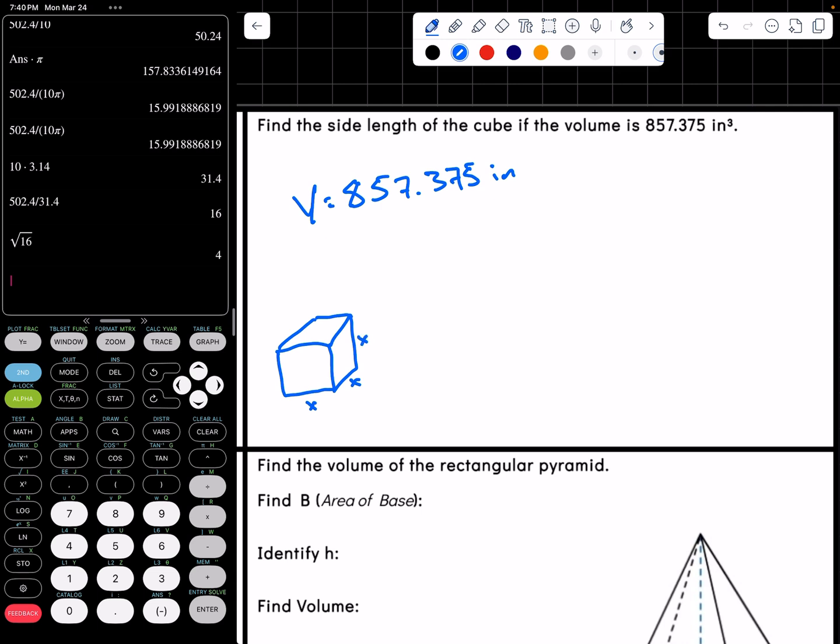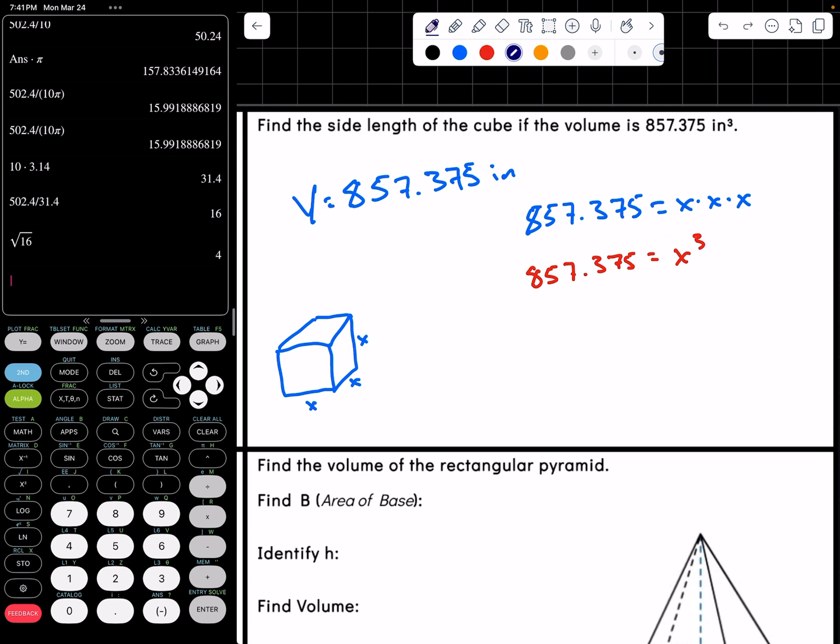So all I need to do here, if 857.375 equals x times x times x, then that stands to reason that 857.375 is the same as x cubed. And the way I get rid of that is I cube root it.